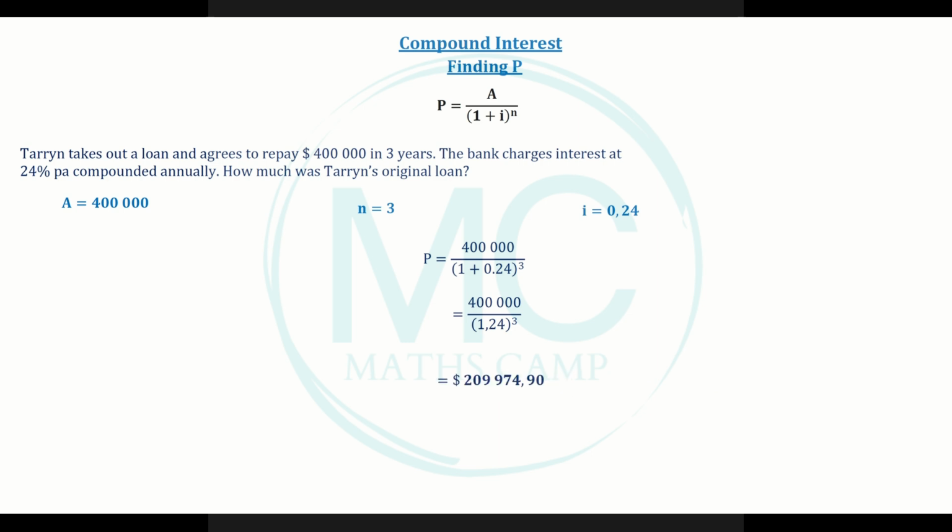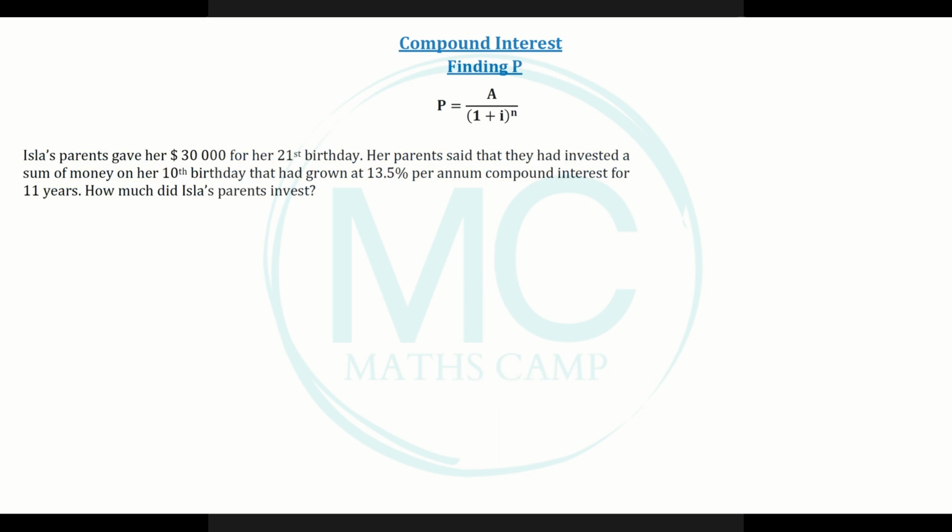Let's do another example. Isla's parents gave her $30,000 for her 21st birthday. Her parents said they had invested a sum of money on her 10th birthday that had grown at 13.5% per annum compound interest for 11 years. How much did Isla's parents invest? P is our principal amount.